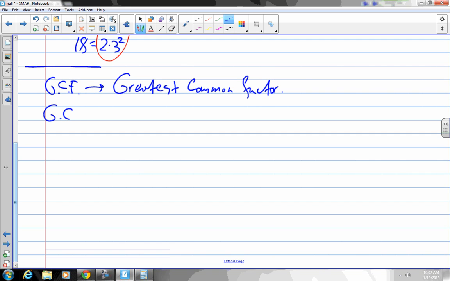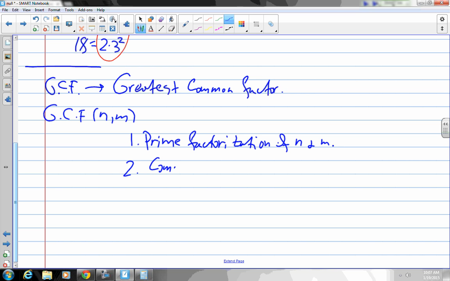So for the GCF of two numbers, one, you need prime factorization of n and m, and two, you need common factors to lowest power. So now something has to be shared. Okay?